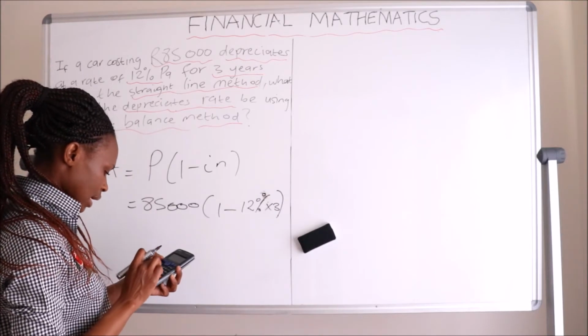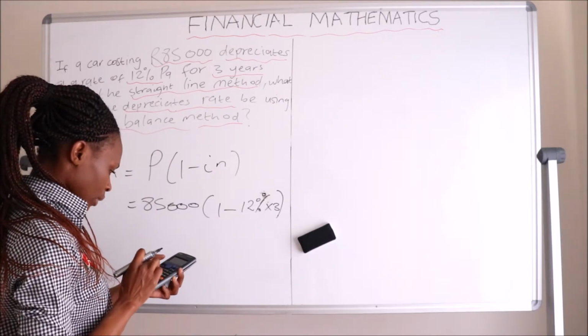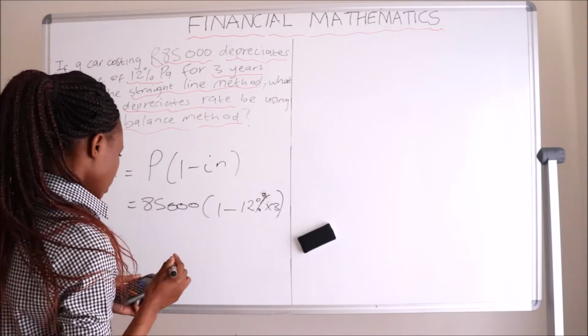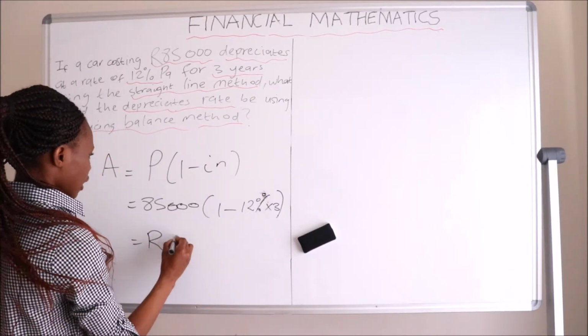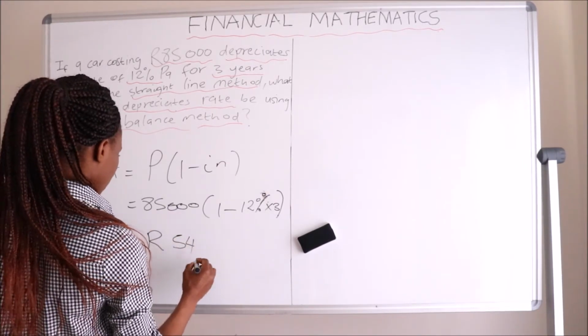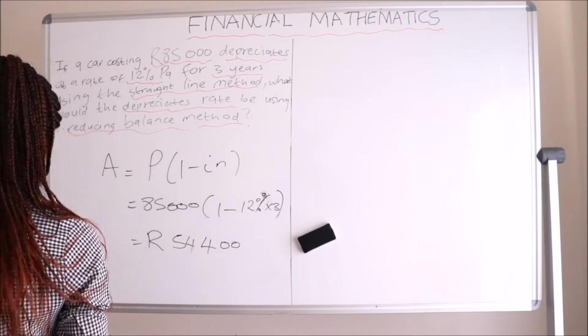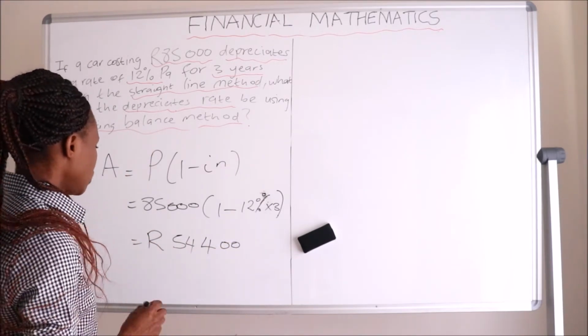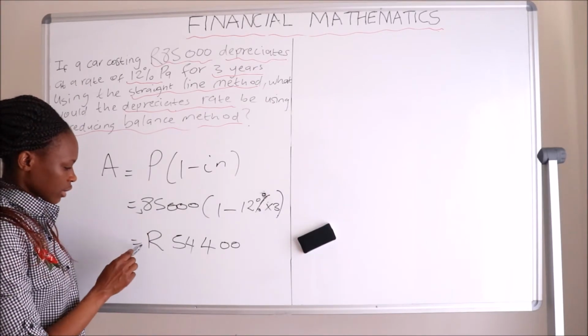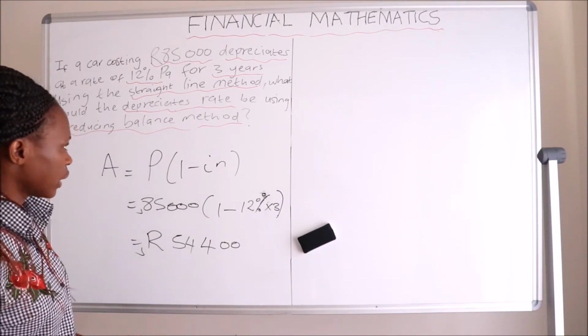So it's 12%, which equals, that means that after a period of 3 years, this car will be worth 54,400 rand. So in a 3 year period, this car will have depreciated from 85,000 to 54,400.